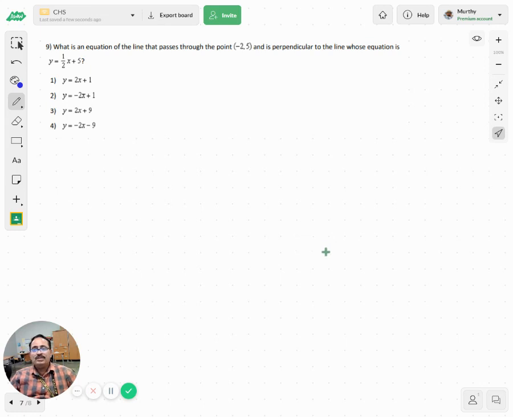What is an equation of the line that passes through negative 2, 5 and perpendicular? Friends, parallel is easy, the same slope, but when it comes to perpendicular, I have to be careful.